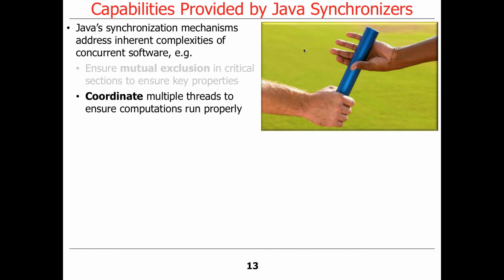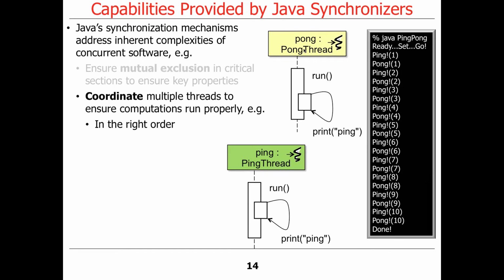So mutual exclusion is one mechanism that synchronization provides for you. The other thing that they provide is coordination. So they coordinate multiple threads to ensure that computations run properly. And there's a couple of different things to think about with respect to properly. One way that things can coordinate to run properly is to make sure they run in the right order.